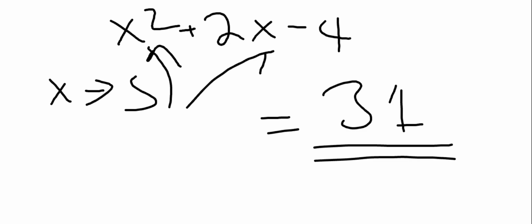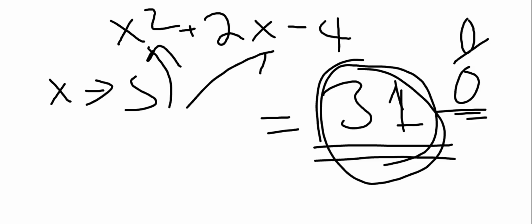So as x approaches 5, we are getting 31. The reason we didn't need to factor is that it gave us a defined number. For example, if it gives you 0 over 0, it means it's undefined and you need to factor out. In this case, it has just given us a direct number, so it's defined.